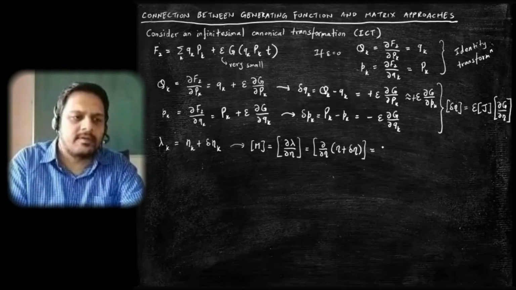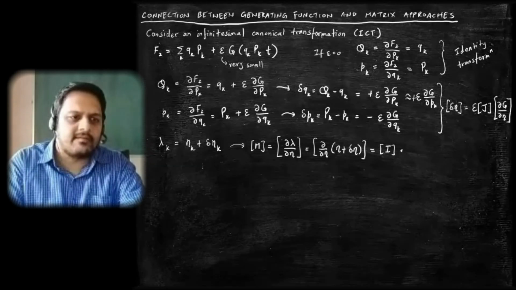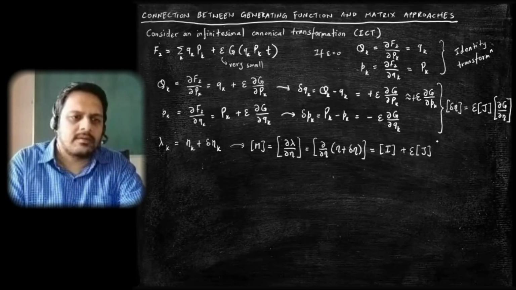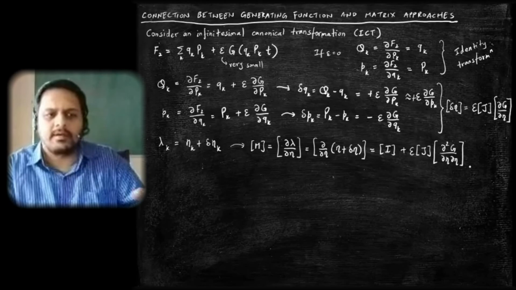which will be ∂eta/∂eta, just giving you an identity matrix, and ∂/∂eta of delta eta will give you an additional derivative in the ∂G/∂eta matrix.